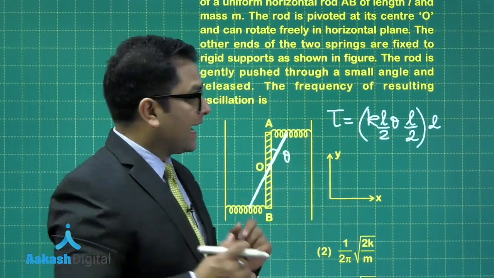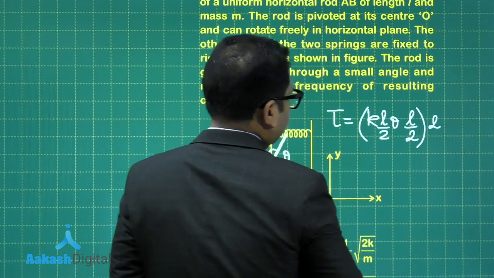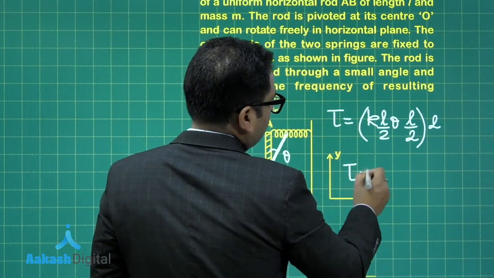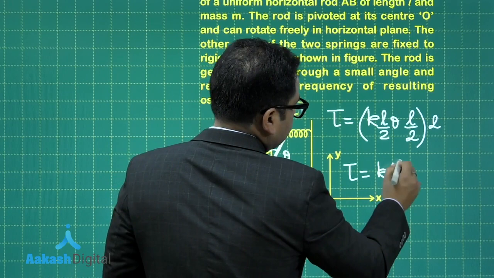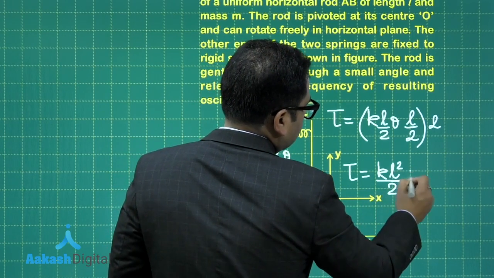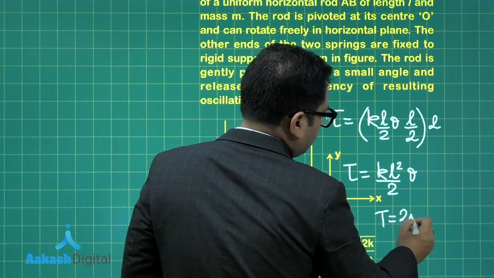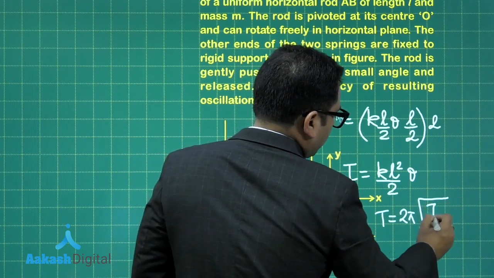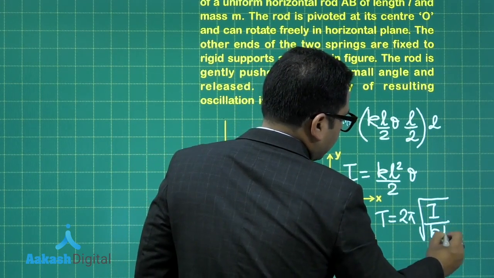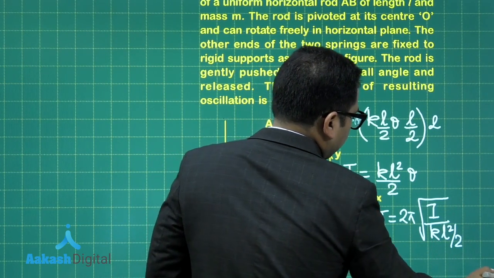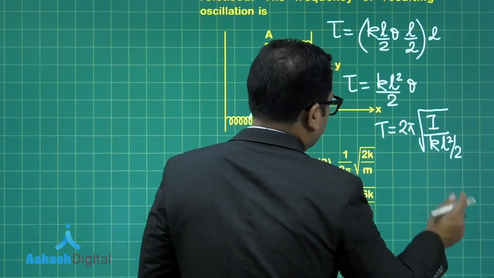That's fine. And now this given torque would be KL squared by 2 multiplied by theta. And the time period is T equals 2 pi under root, moment of inertia I by KL squared by 2. And how much is the moment of inertia going to be?